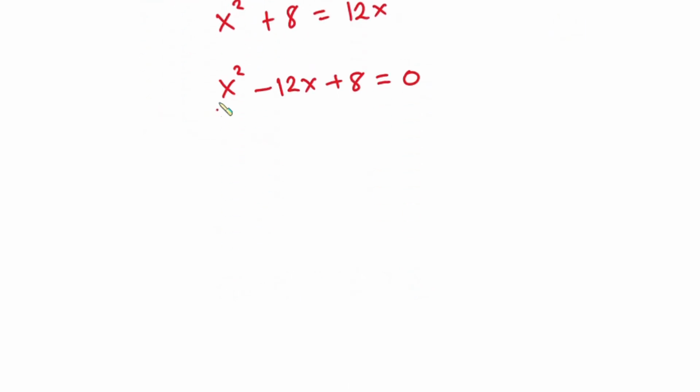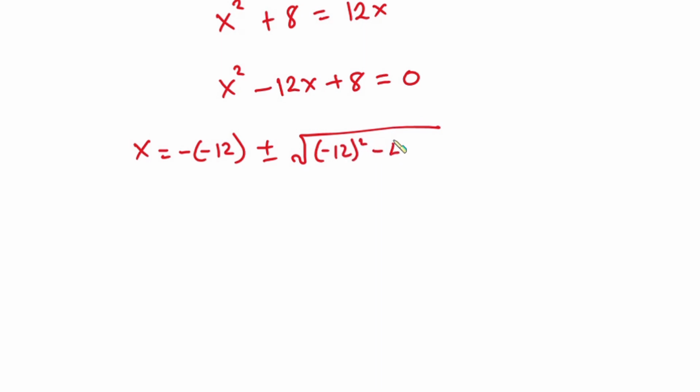And now you can see we have a very nice quadratic equation over here. Now using the quadratic formula, we have x is equal to negative 12, then plus or minus square root of negative 12 squared minus 4 into 1 into 8, all divided by 2 times 1.